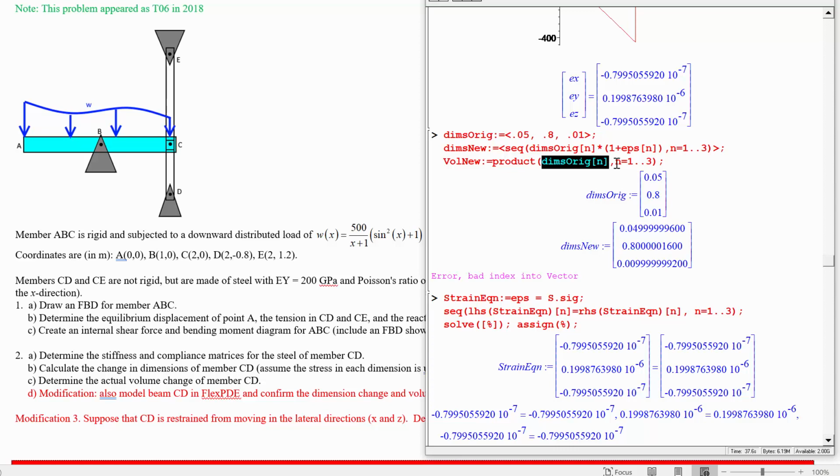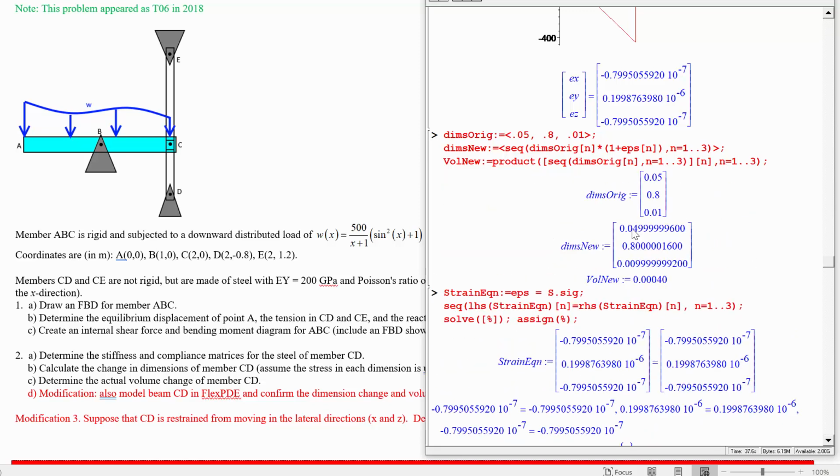It first needs this to be converted into a list, and this is kind of obnoxious. So what we need to do is sequence this thing, n equals 1 to 3, and then make a list out of that result, and now we've got something that we can product when we subscript it.